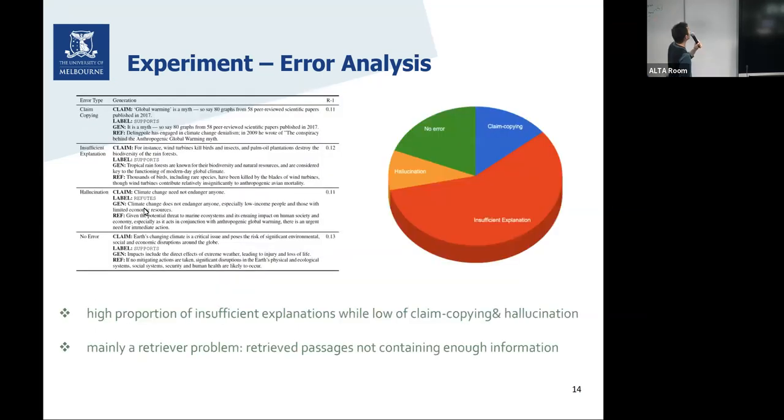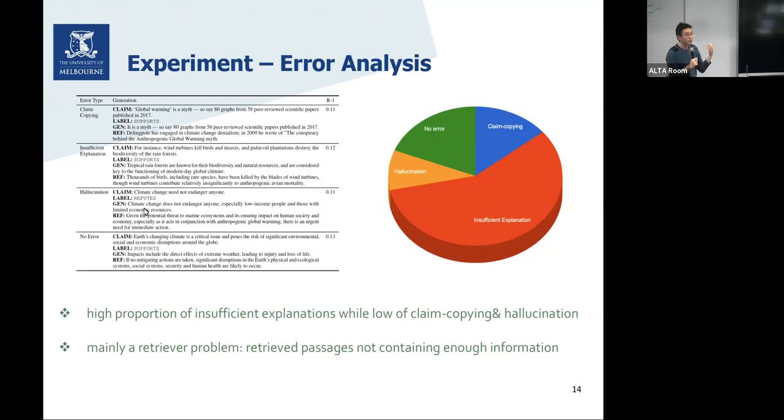So what's the conclusion here? First, there is a high proportion of insufficient explanations and a low proportion of claim copying and hallucination, which means that insufficient explanation is the dominant reason. Taking a closer look at all these insufficient explanation samples, we can conclude that it's mainly a retrieval problem: retrieved passages not containing enough information.